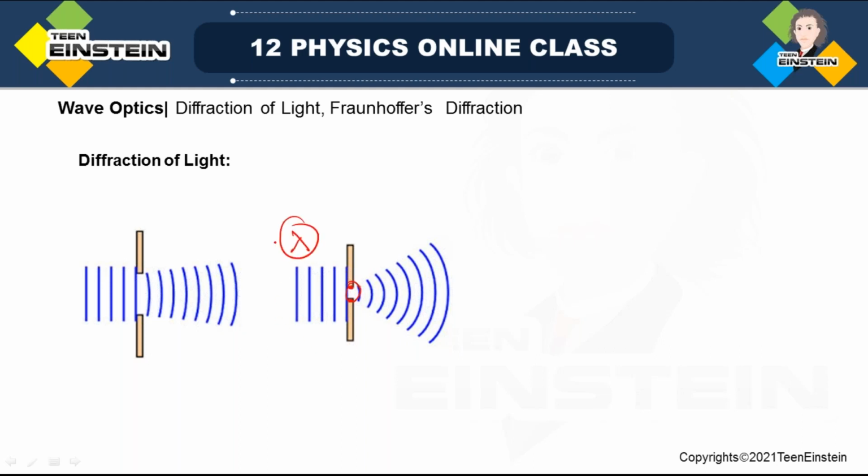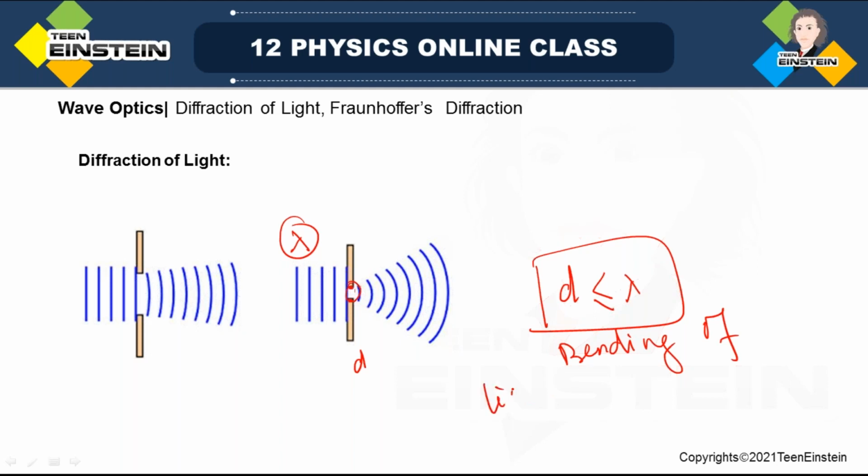Suppose you use light of wavelength lambda, and suppose this aperture has width d, small d. If d is less than or equal to lambda, then this bending of light happens.